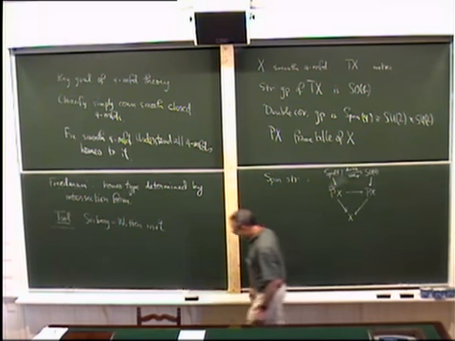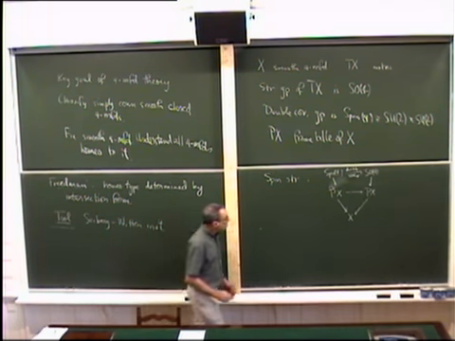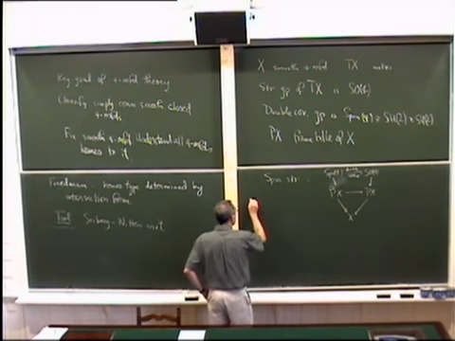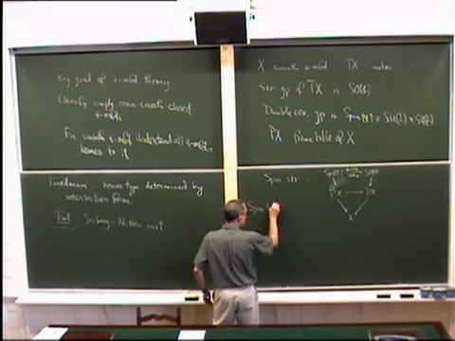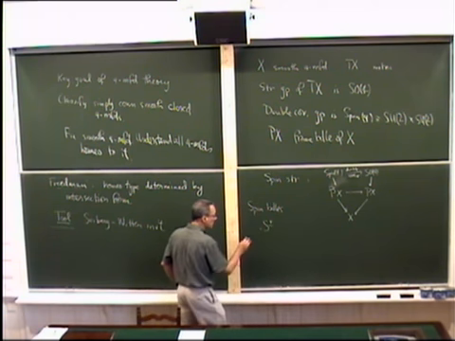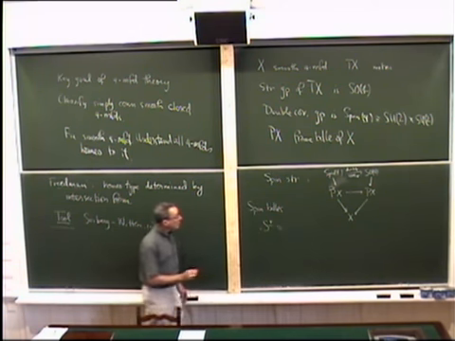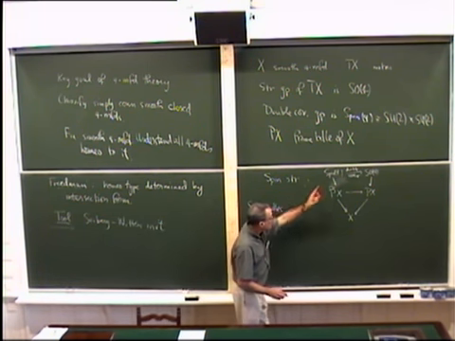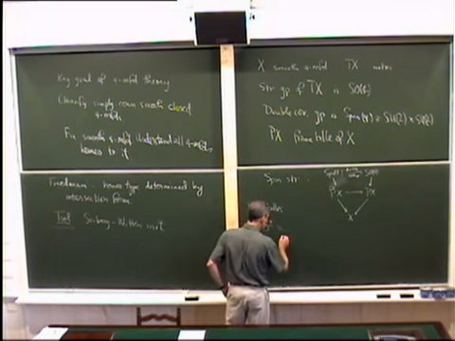Now if you have a spin structure, then you can form associated bundles. So they're the spin bundles, S plus and S minus, which are rank 2 complex vector bundles associated to this.